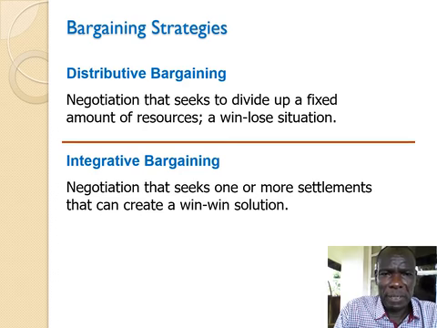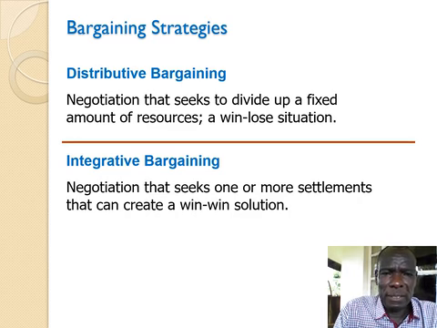So are you going to bargain so that one person wins and the other one loses? Or what kind of bargaining are you going for? Now that leads us to the second strategy for bargaining called integrative bargaining.